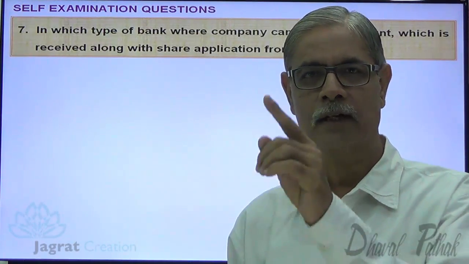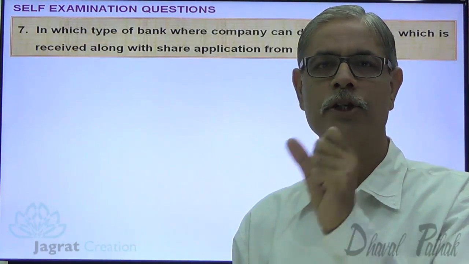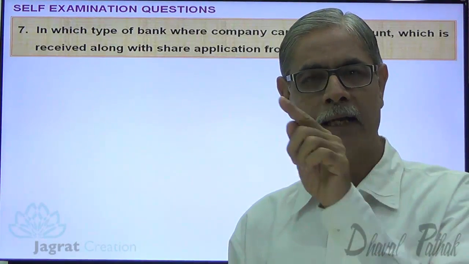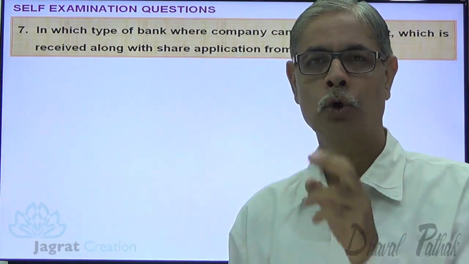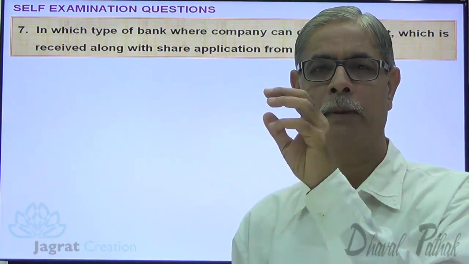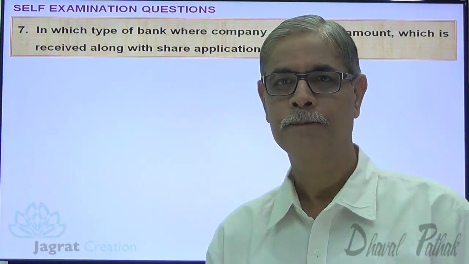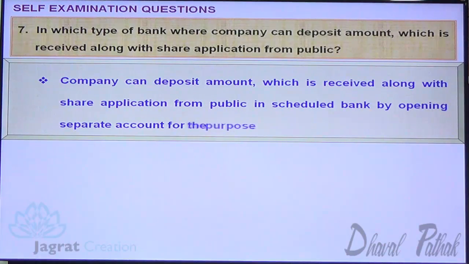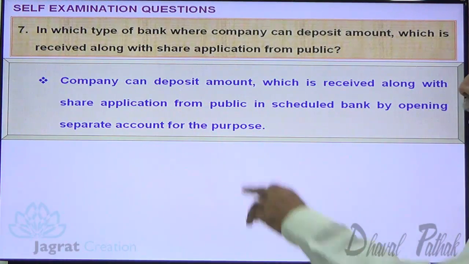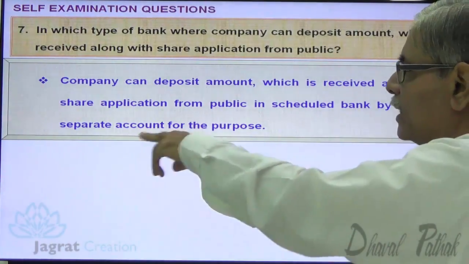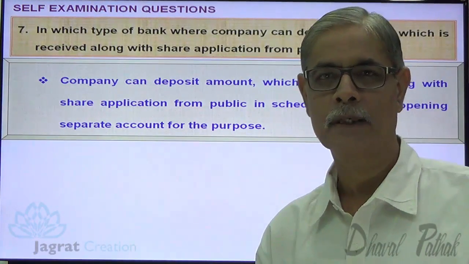Those bankers are always scheduled banks, and the amount has to be collected in a special bank account known as the share application account, and such an account has to be maintained in a scheduled bank. A company can deposit the amount received along with share application money from the public in a scheduled bank by opening a separate account for the purpose.